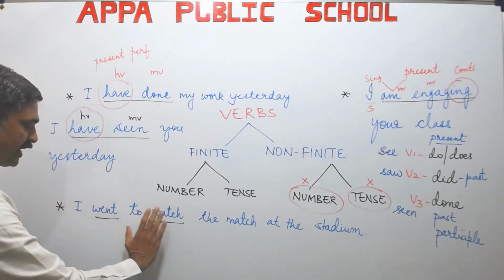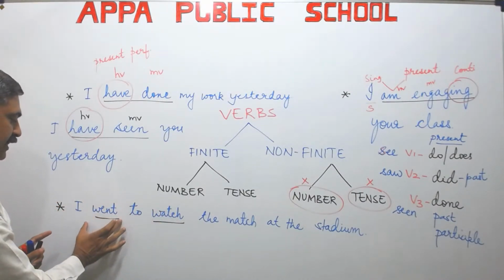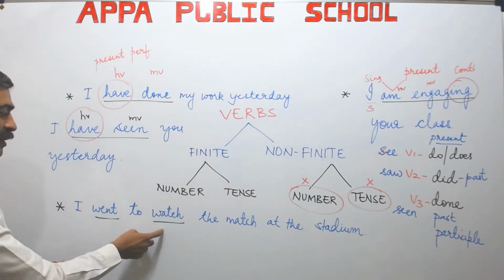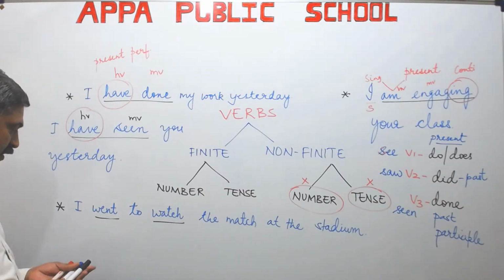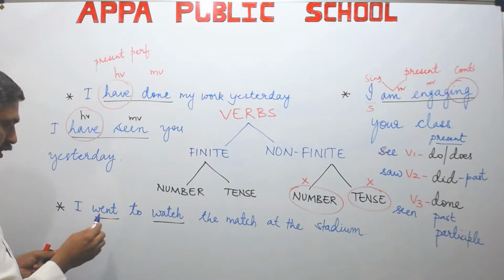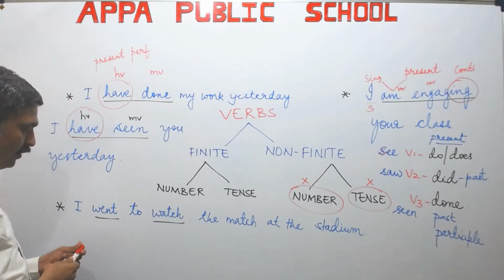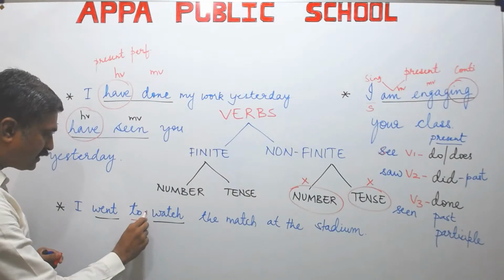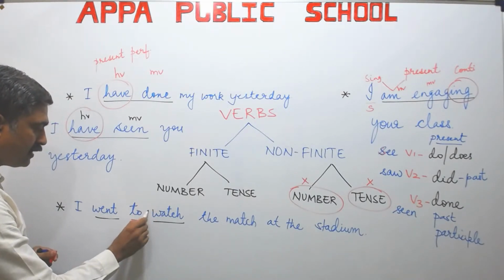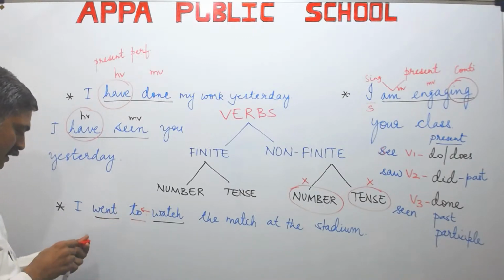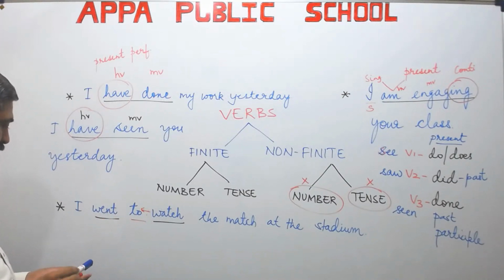Going by the location of the verb, we need to take the immediate verb which follows the subject. And why not this one? We cannot take it because the to that is used here will neutralize the number and the tense of watch. How does it happen?